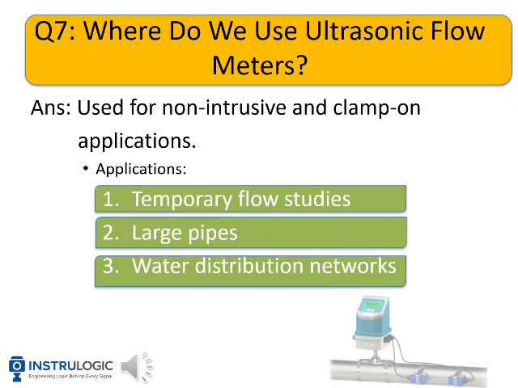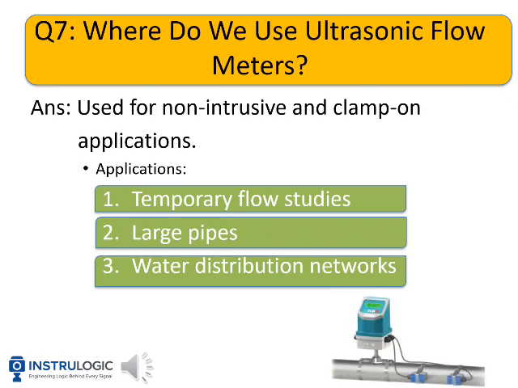Question 7. Where do we use ultrasonic flow meters? These meters are used for non-intrusive and clamp-on applications, meaning they can measure flow without cutting the pipe or stopping the process. Where are they commonly applied? Temporary flow studies, perfect for short-term measurements during testing or troubleshooting.